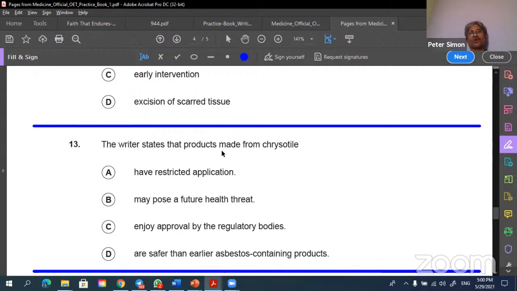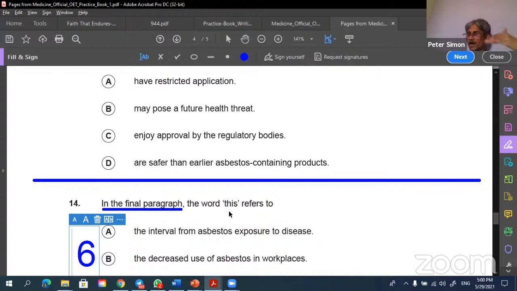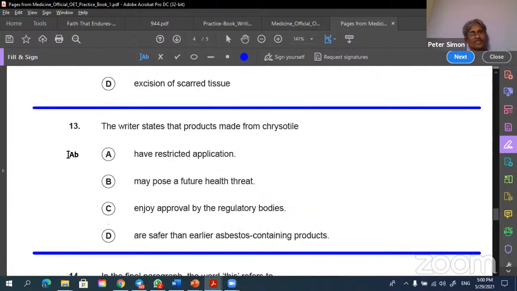The writer states that products made from chrysolite. Okay, now let us take this one. This is in the last line, but one line. So you can take this maybe in the first half. So let us take 6 here, roughly.